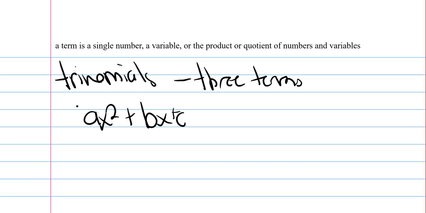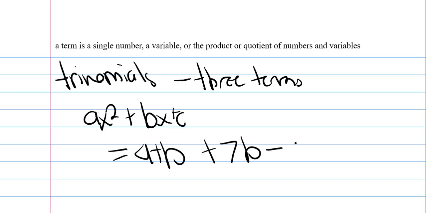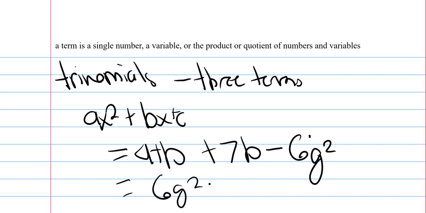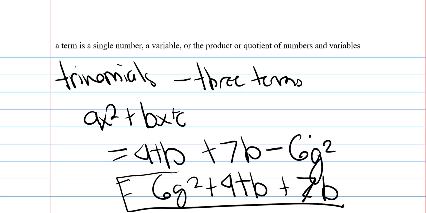Another example is 4tb plus 7b minus 6q squared, but the proper format would be 6q squared plus 4tb plus 7b. That's the important thing. Always remember, a trinomial has three terms, a binomial has two terms, and a monomial has only one term.